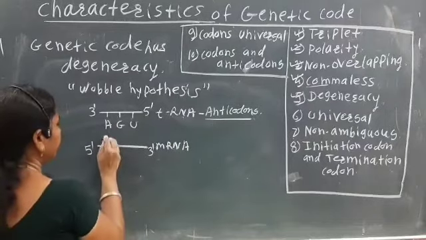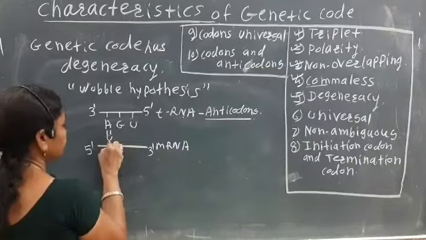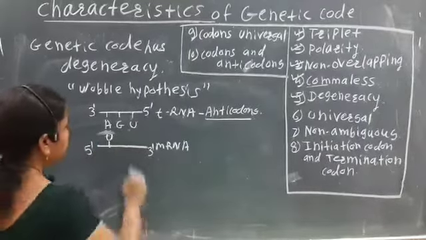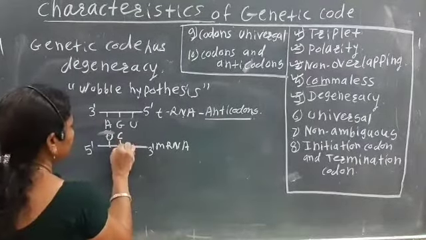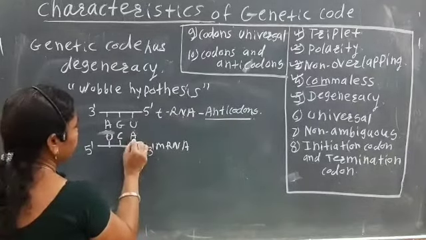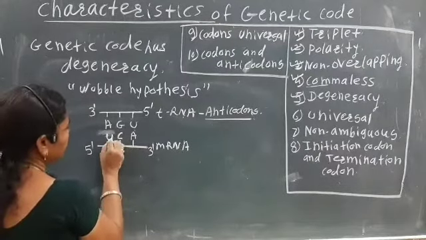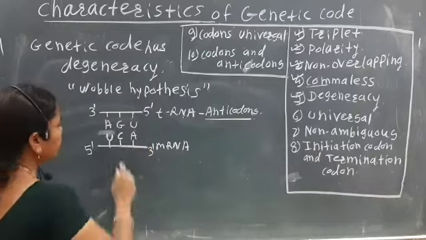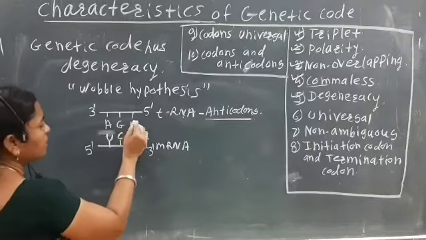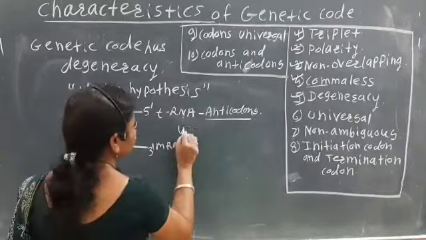So adenine always pairs with uracil, so the uracil will be here. Then guanine pairs with cytosine, so on this mRNA there is the cytosine. While uracil pairs with adenine. So the anticodon is UCA. Okay, so this is the usual pairing, that is adenine pairs with uracil, guanine pairs with cytosine, and uracil pairs with adenine. So this pairing is a usual pairing.